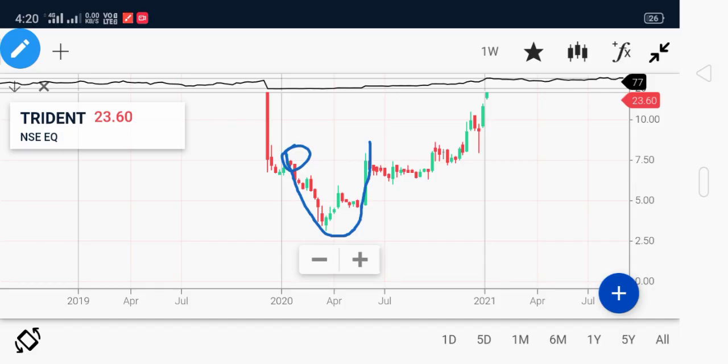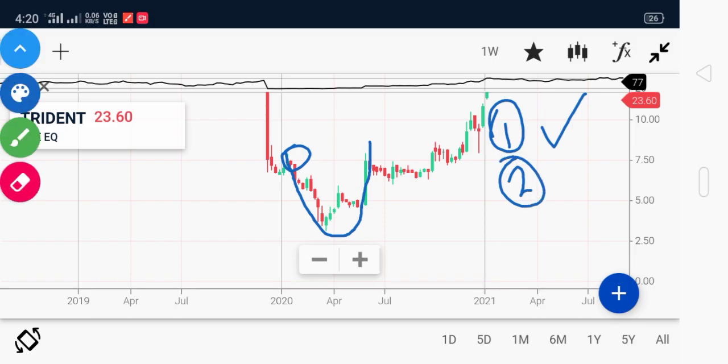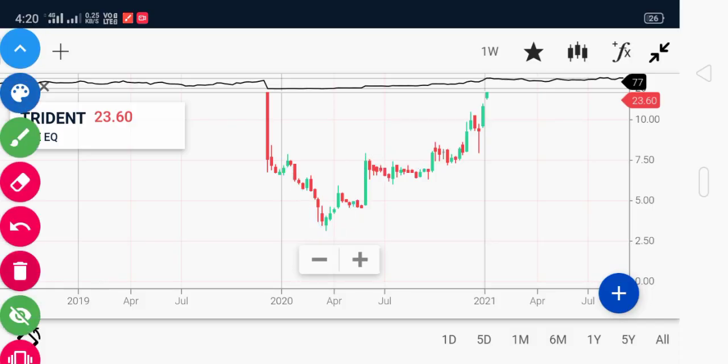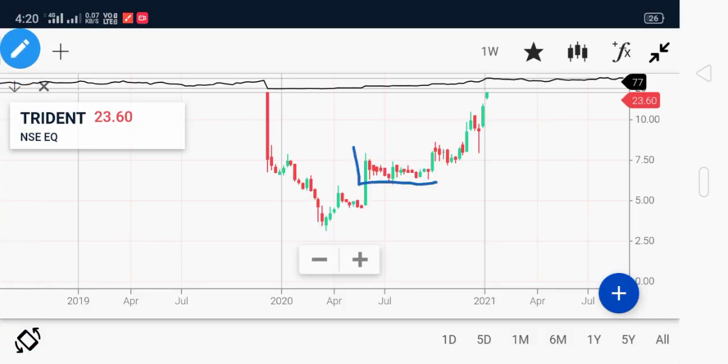So this is our half moon. First thing done. What is the second thing? Sideways movement after the half moon. Do we have it? Let's see. This is our half moon and then we have the sideways movement. We have the half moon and the sideways movement.